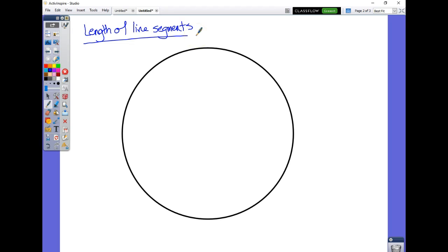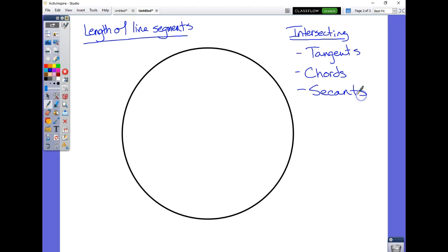We are going to look at intersecting tangents, intersecting chords, and finally, intersecting secants.